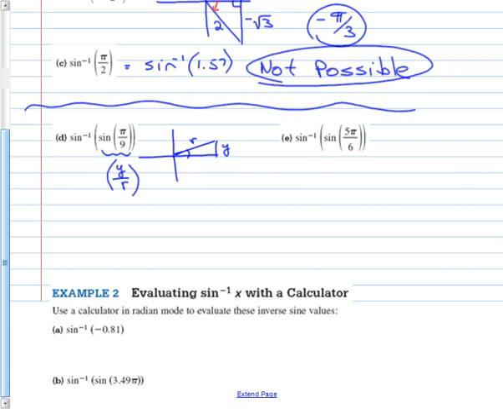And that's when I use this number, pi over 9, for my angle. Tell me the angle whose sine is this y over r. Inverse sine of this means what angle has a sine of y over r? Oh, the angle that has a sine of this y over that r is pi over 9.